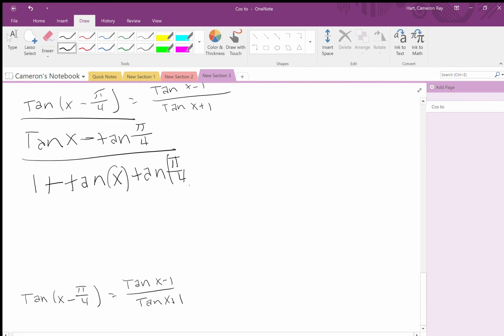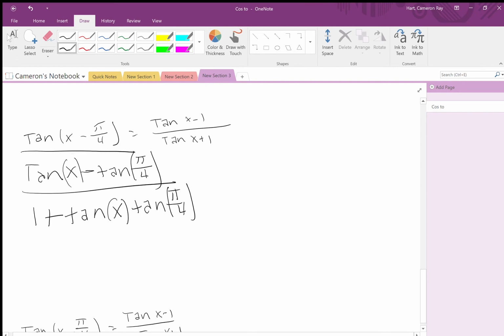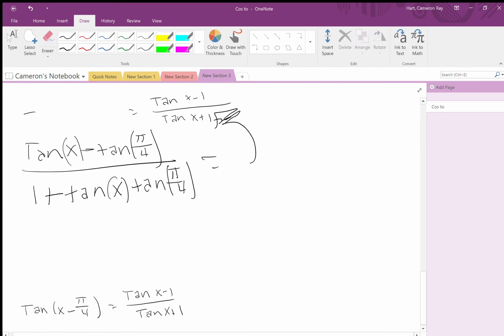Right? So that'd be my first step to solving it on that one. And then, right, so then this would be gone, to leave me with that equals this, and then I'll go about solving it from there.